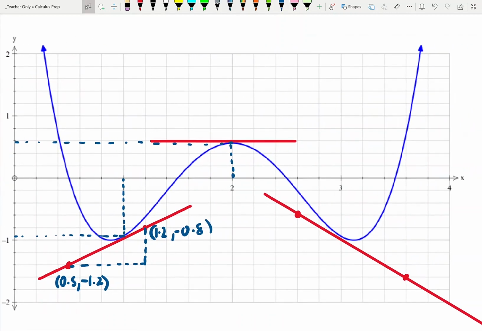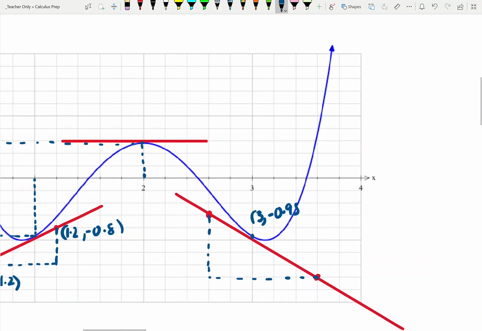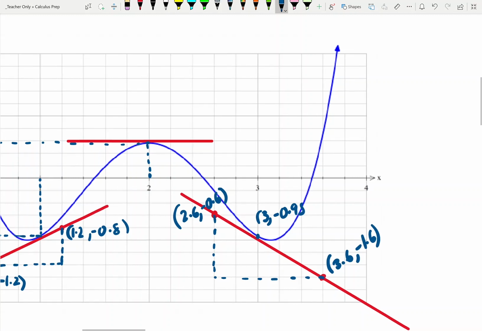By estimation, the tangent is at the point (3, negative 0.95). And again, by estimation, the slope of the tangent can be calculated using the points (2.6, negative 0.6) and (3.6, negative 1.6), and you should be able to convince yourself that the slope of that is in fact negative 1, which means f dash of 3 is negative 1.